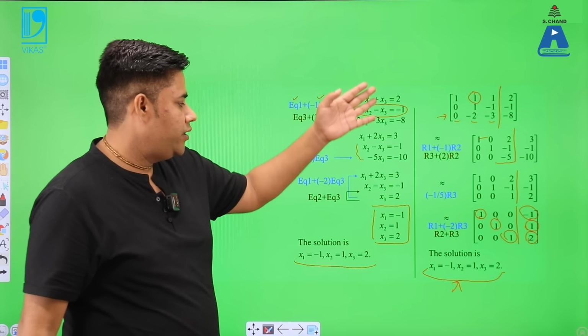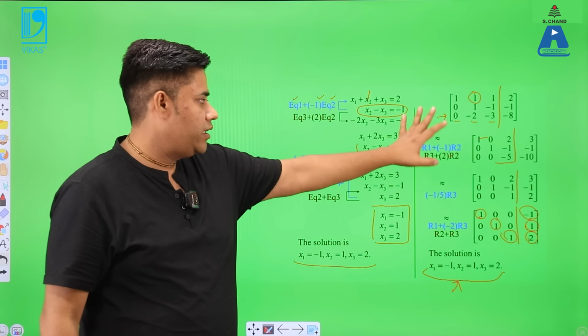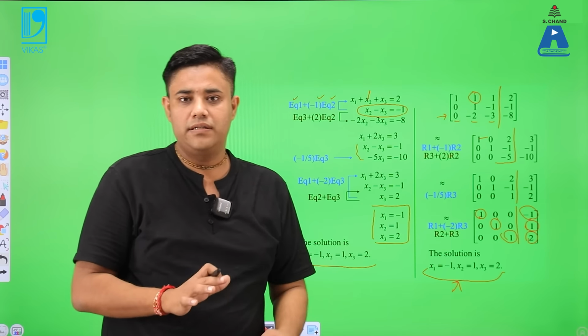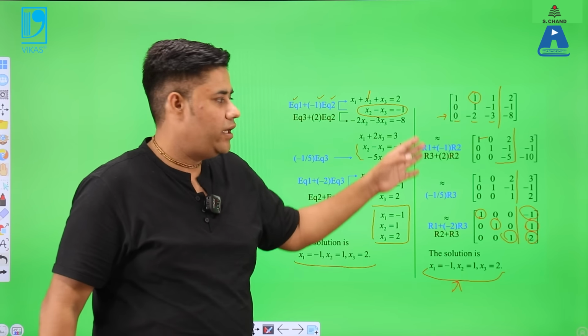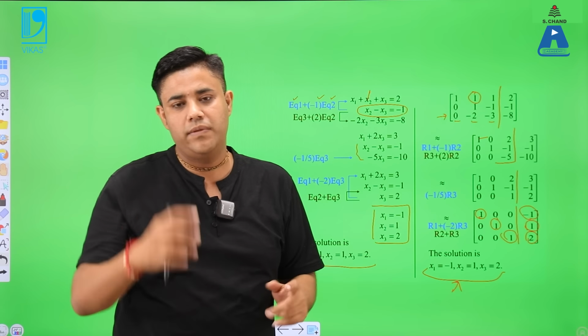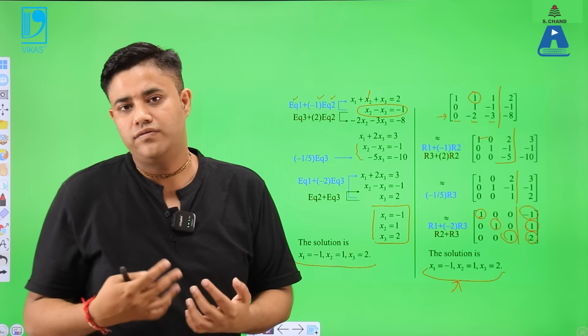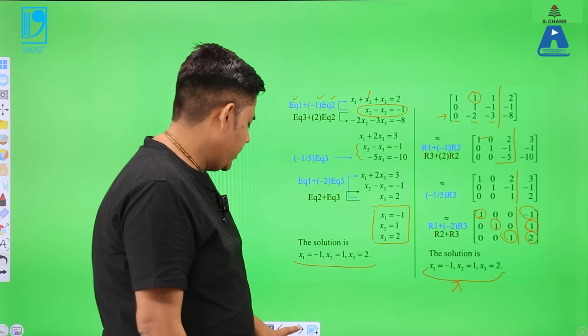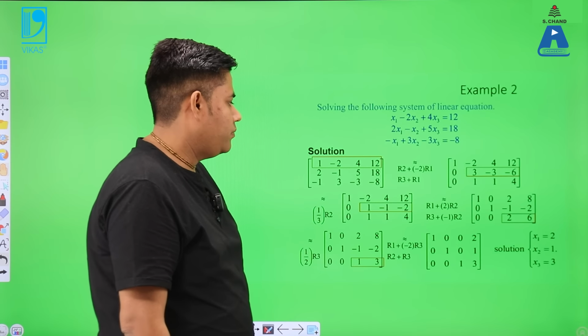But whenever I use a matrix, it gives me a cleaner picture, and that would be easy to solve as compared to the general method. That's why we have used this elimination method, which is the Gauss elimination method, to find a particular set of solutions. So this is the case related to finding the solution for that particular problem.